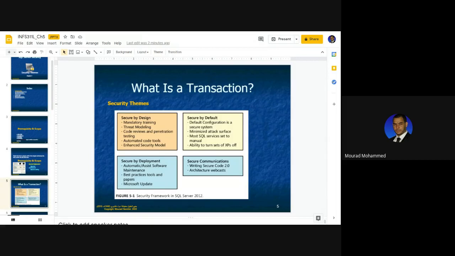The fourth theme is the communication to be secured, the theme via which we see the communication being secured. Remember that transactions being submitted or retrieved from and to a database engine, which is the SQL Server here, would carry data in various forms, various architectures, various data types, and so on.